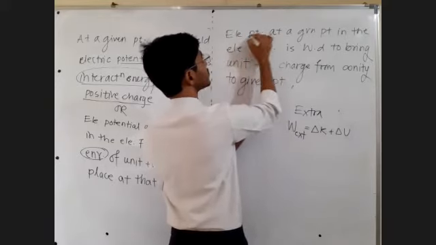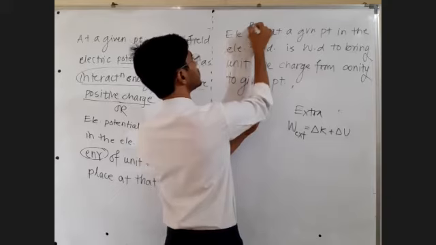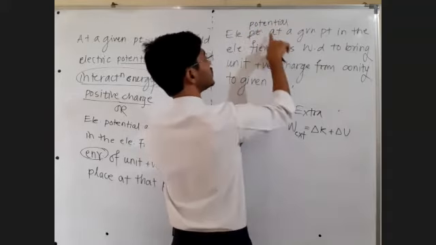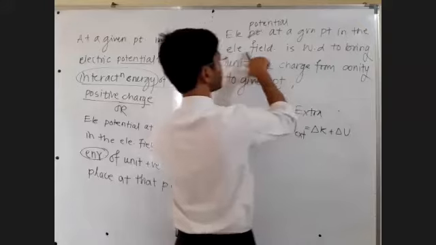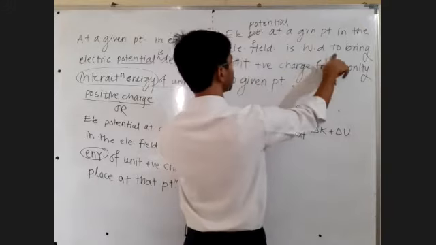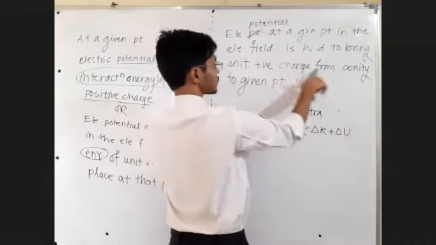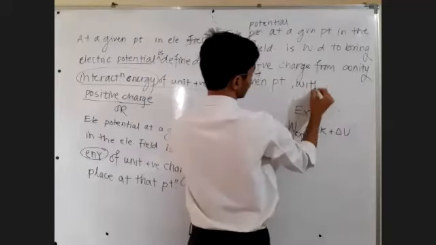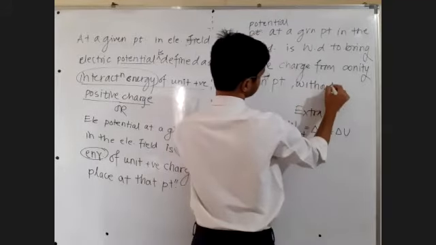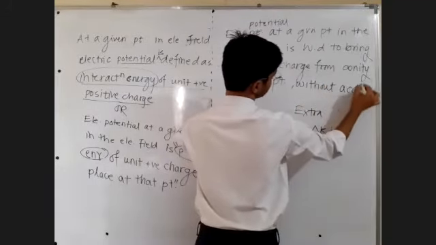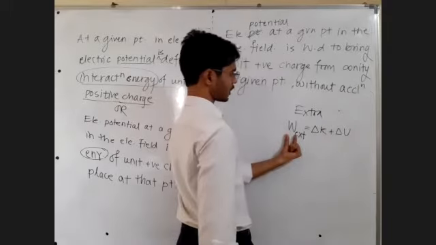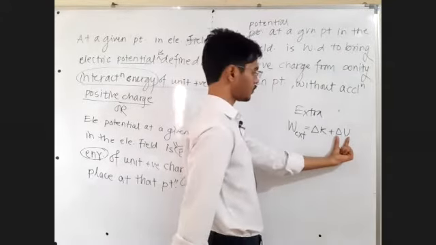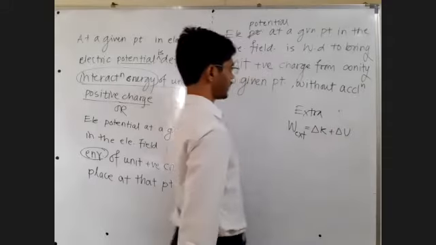I made a mistake. Electric potential at a given point in the electric field is the work done to bring unit positive charge from infinity to given point, but it is to be brought without acceleration, so that this work done will completely get converted into potential energy and will not be utilized for changing kinetic energy.